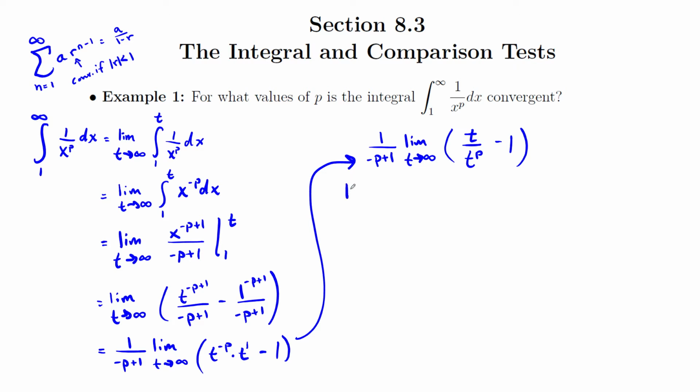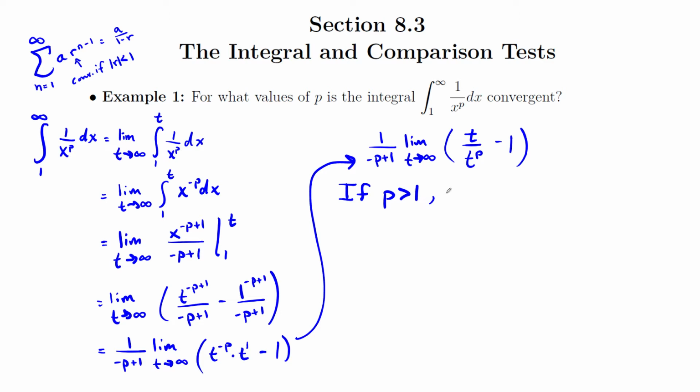Because if p is larger than 1, then that means that the limit is going to equal, I guess, -1 over negative p plus 1. But the important part is that this thing goes to 0 here, right? So we'll just make this comment.